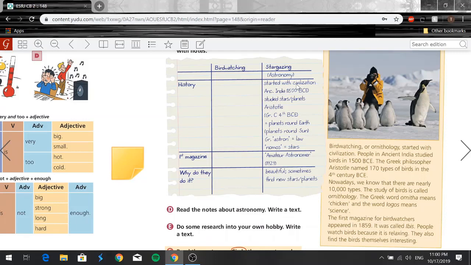You could also say that people in ancient India studied the stars and the planets in 1500 BCE. I'm not making this up. This is all from the notes, okay? Don't freak out. You could also say the Greek philosopher Aristotle said that the planets went round the Earth. But nowadays, we know that the planets go round the sun. Okay? So get creative, but make sure you stay within the lines of the notes.